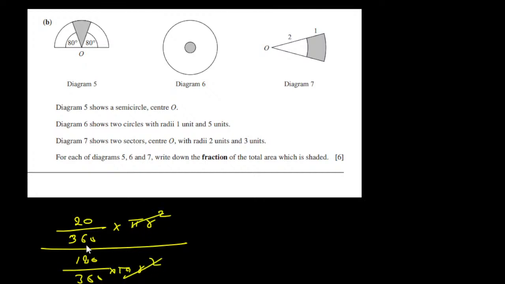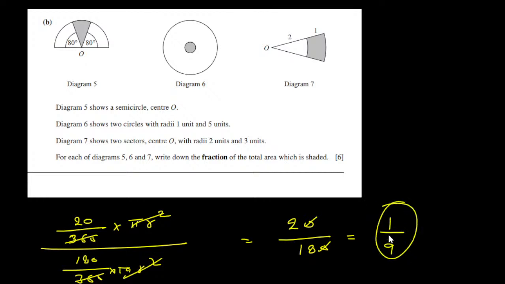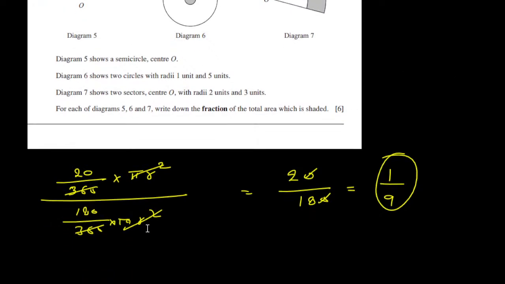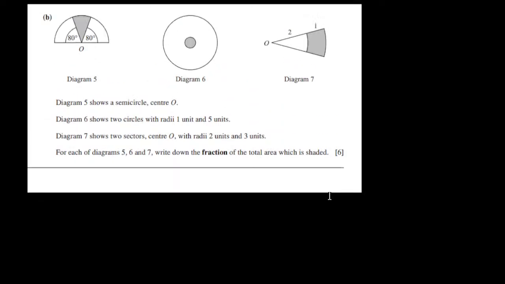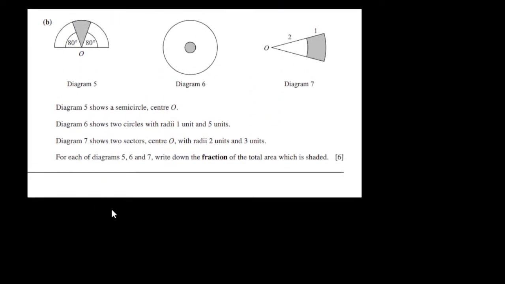So pi r square cancels, 360 cancels, and 20 divided by 180, the zeros cancel, is 1 divided by 9. So for the first it is 1 divided by 9. For the second, the inner circle is of radius 1 and the outer circle is of radius 5. So the area of the inner part is pi into 1 square, that is pi only, and for the outer it is pi into 5 square, so it is 1 divided by 25.